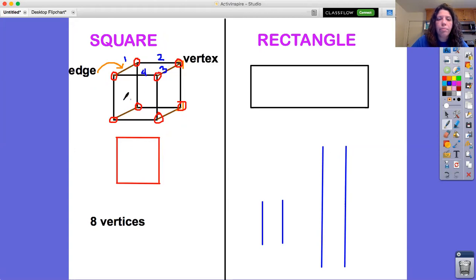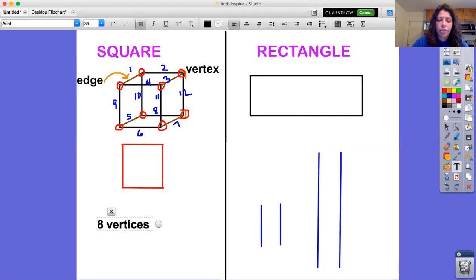Let's go look at the bottom. 5, 6, 7, 8. And now I'm going to look at the middle. 9, 10, 11, 12. So I have 12 edges.